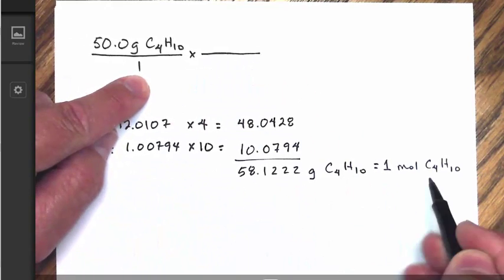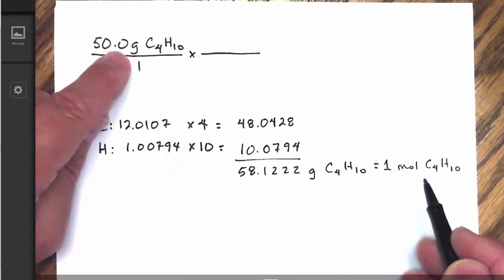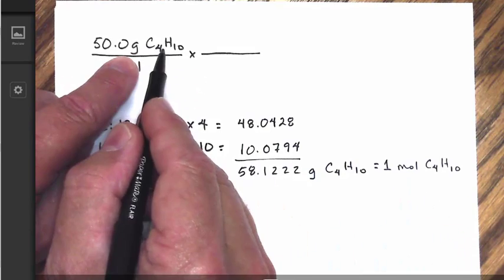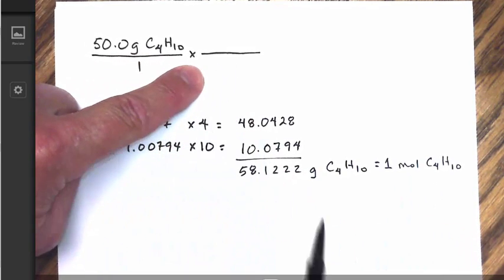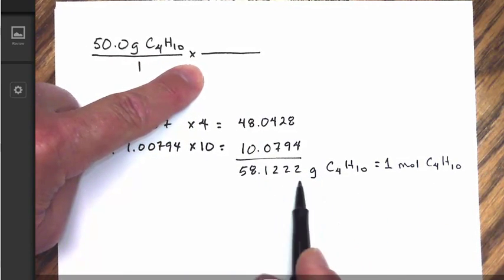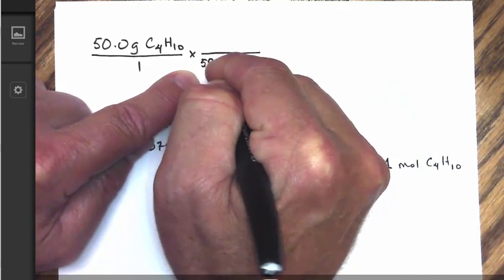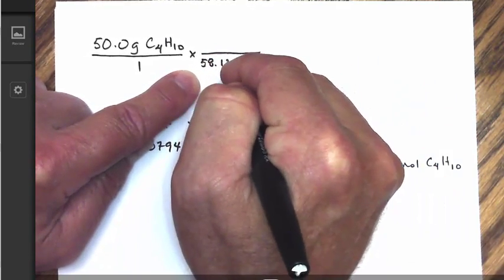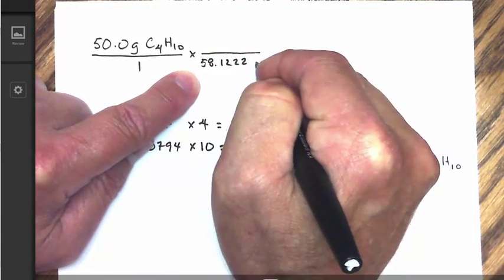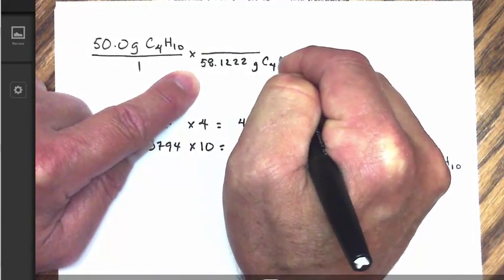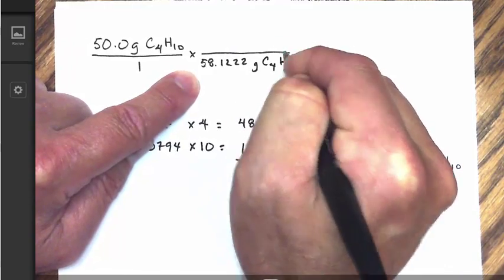Now we can take this equality statement and build a conversion unit. I have grams of butane on the top. I want grams of butane on the bottom. The left side of the equality statement has the grams of butane. So we're going to write 58.1222 grams of butane on the bottom.